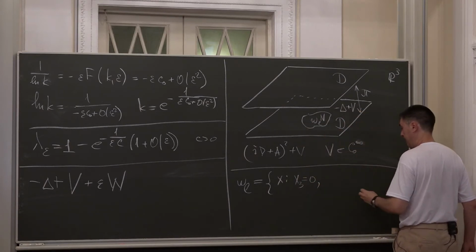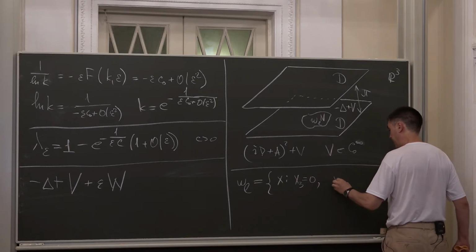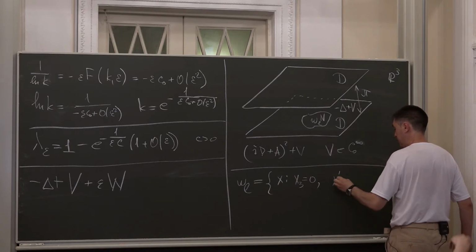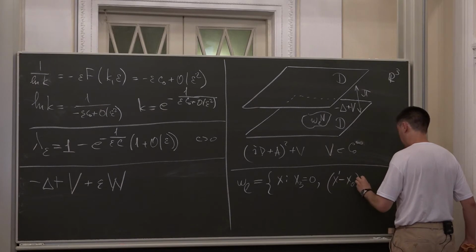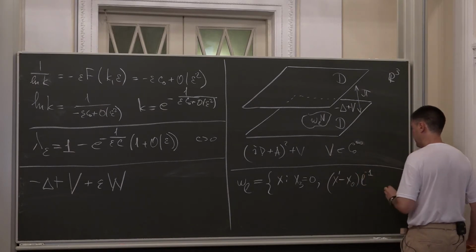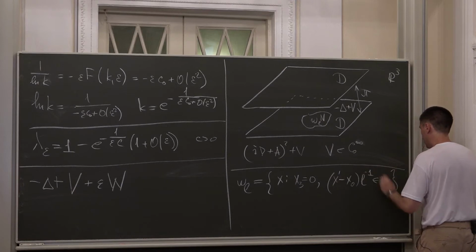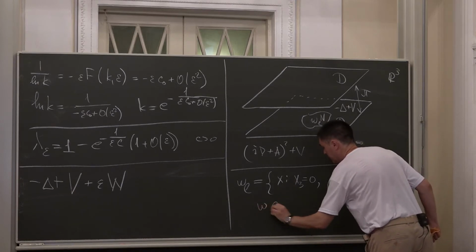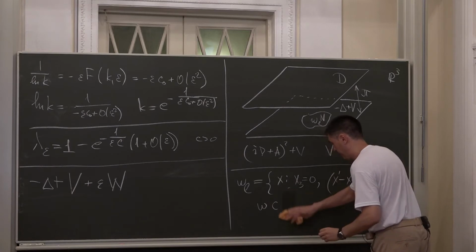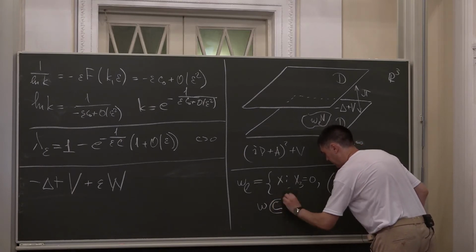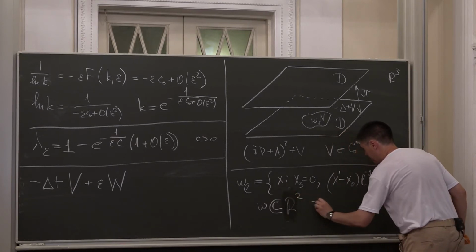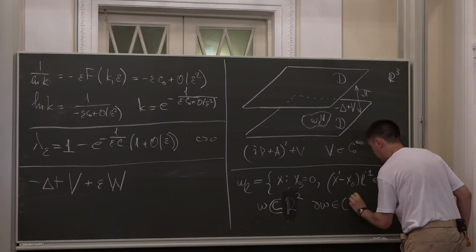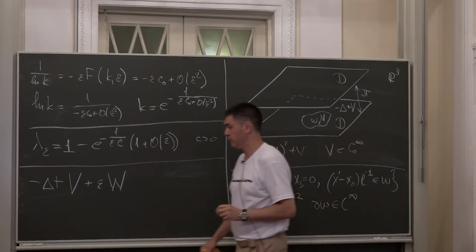And then we say that these are all points x prime such that x prime minus x0, scaled by L to the power minus 1, belongs to some fixed domain omega, where omega is some bounded and compact set from R2. And for simplicity, we assume that it has infinitely differentiable boundary.